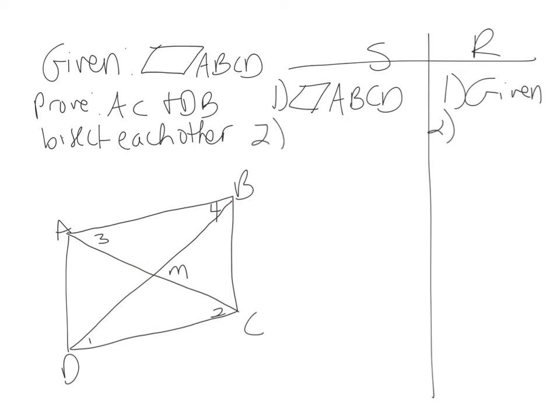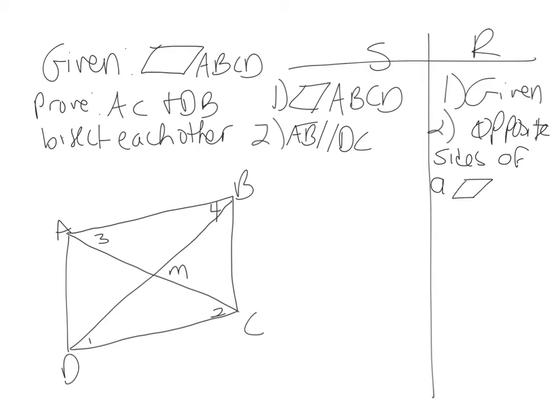The first thing we know is that AB is parallel to DC. That's the one that I'm really going to need. And we can say opposite sides of a parallelogram are parallel. That's what tells us that.